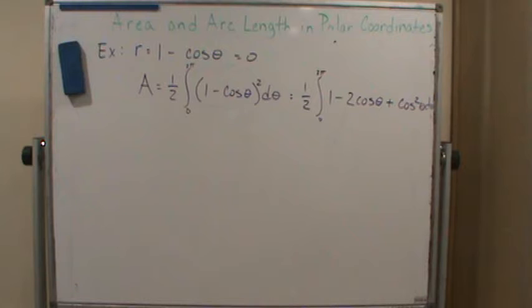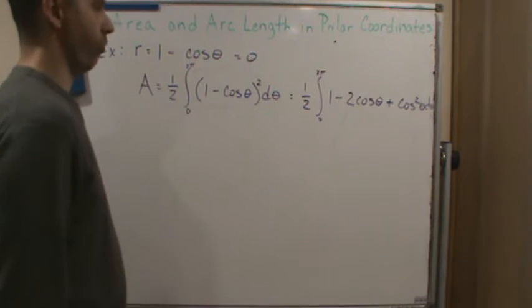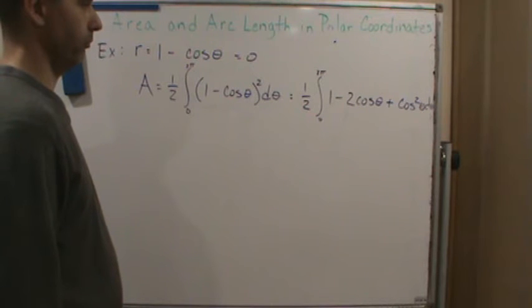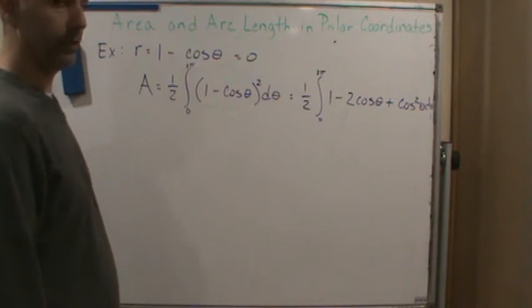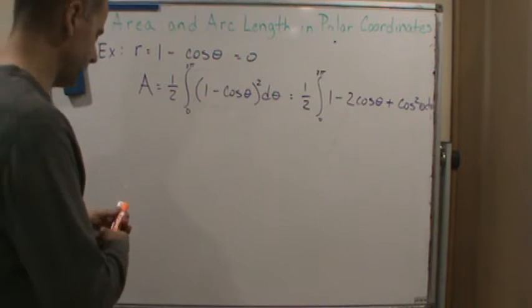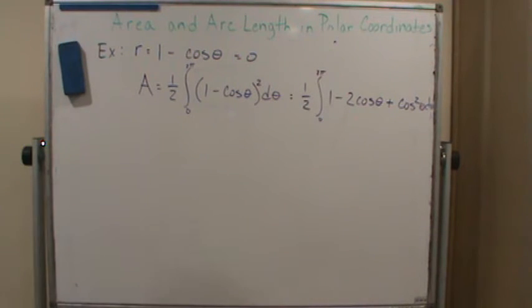We want to use the other identity that we should be familiar with. So make sure you're familiar with the identities. Let's do that. This is going to be one of those half-angle identities again that you want to be familiar with.